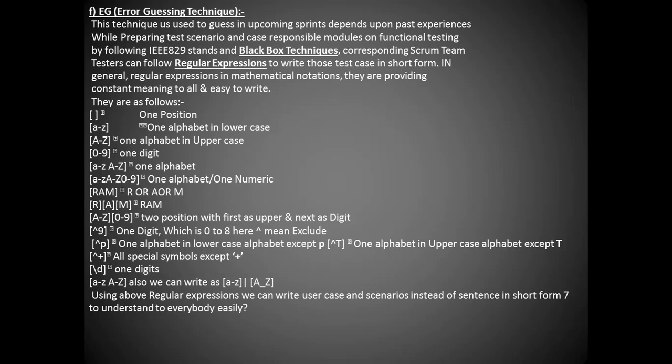Here is an example of how it is going to take RAM in one square bracket. R is going to take one position, A is going to take one position, and M like this. If I want to get a particular word, at the position level I need to keep R in one position, A in one position, M in one position.